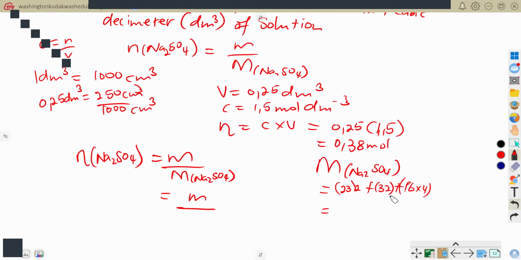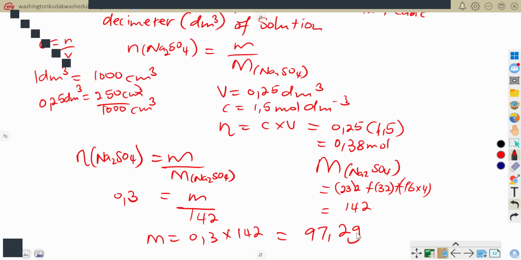So I use that 142, and with 0.3 moles, my mass will be 0.3 times 142, which gives me a mass of 97.2 grams.